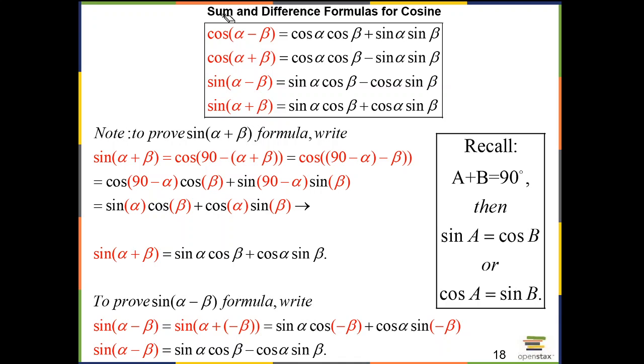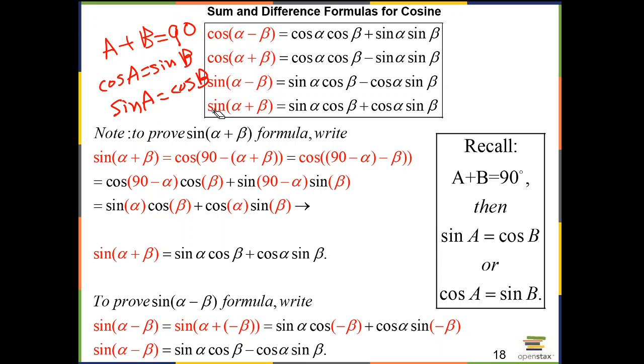All right, what about sine alpha minus beta and sine alpha plus beta? How do we prove that? Well, we can use our knowledge that if two angles add up to 90, remember, then cosine of one equals sine of the other, and also sine of one equals cosine of the other, right?